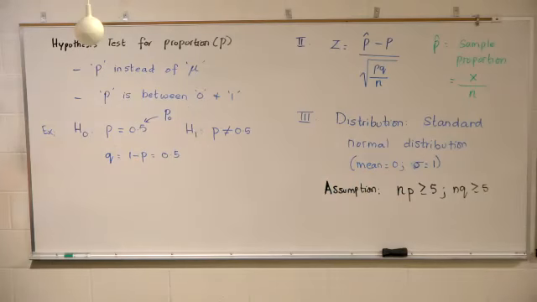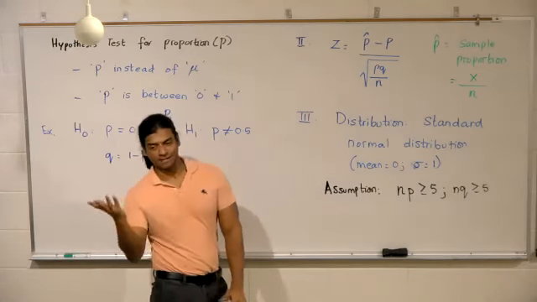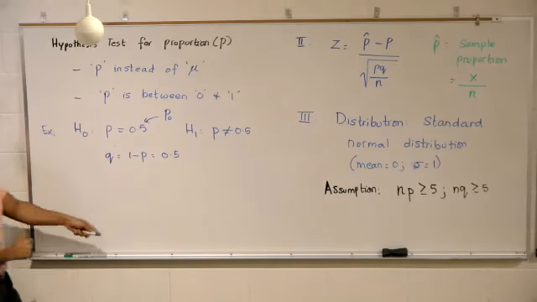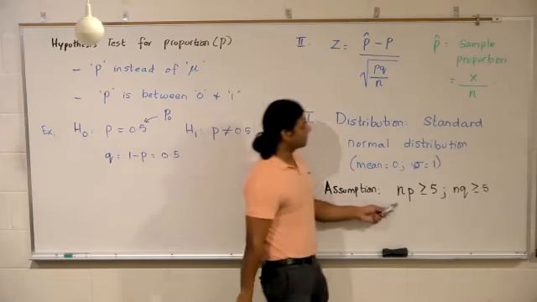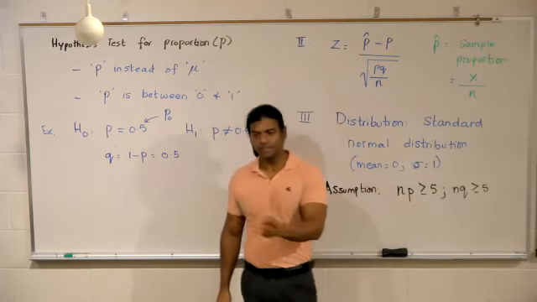N times P and N times Q must be at least 5. Otherwise, you cannot use this test. You won't get the correct answer in terms of interpretation. So we need N times P to be bigger than or equal to 5, and N times Q at least 5, both of them.